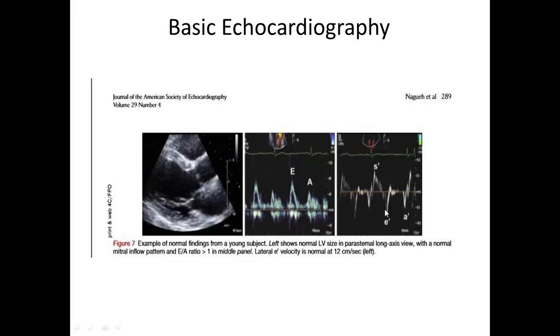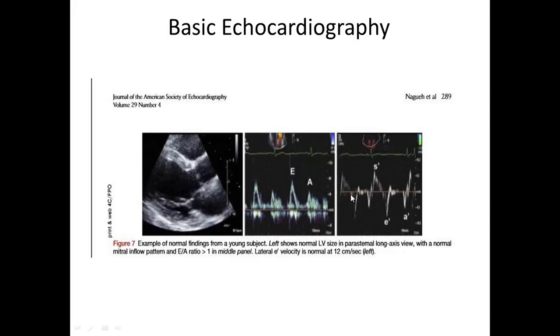It is this early component, the E prime, which is more sensitive to diastolic dysfunction. It's usually very high in a normal individual. The medial E prime is usually less than the lateral E prime.